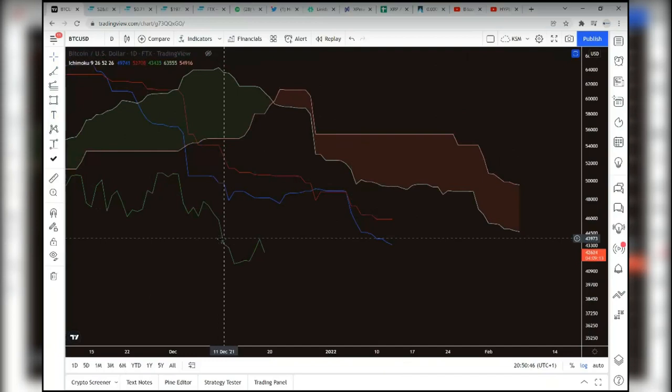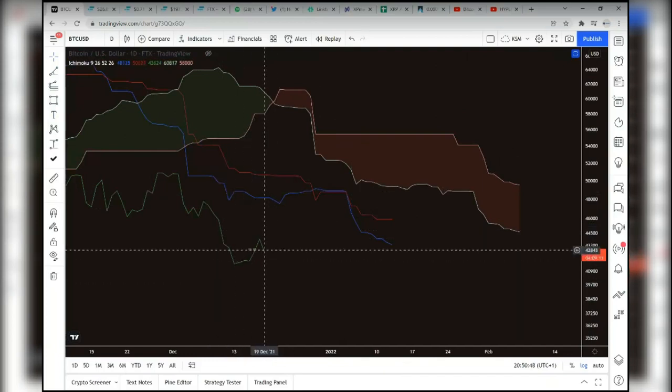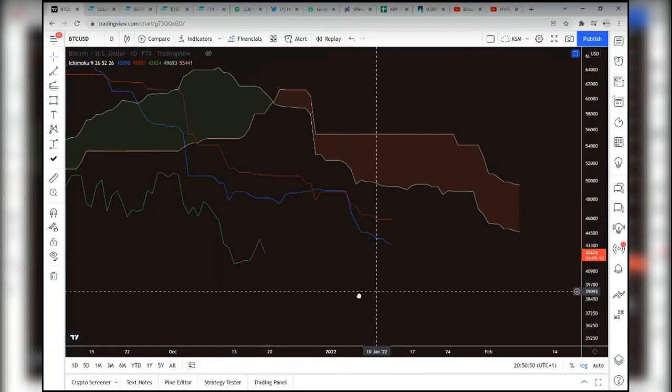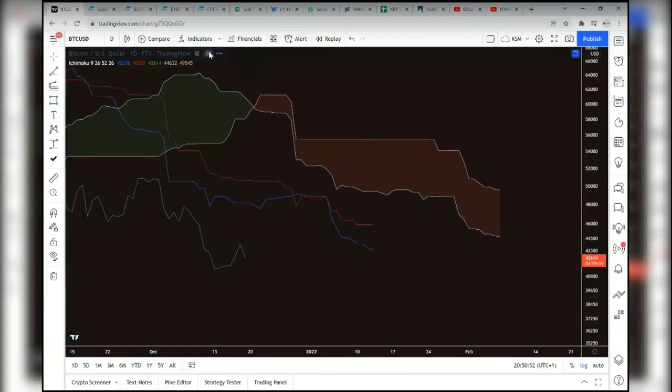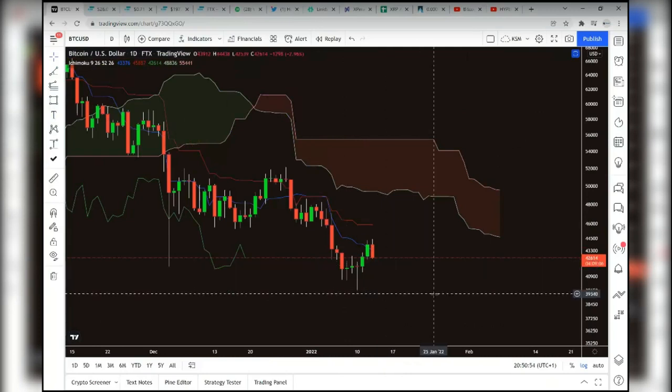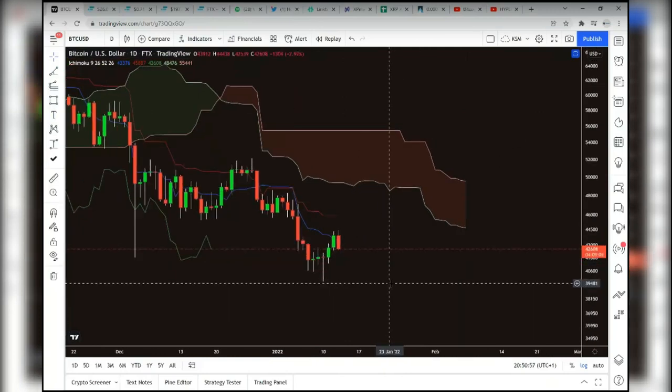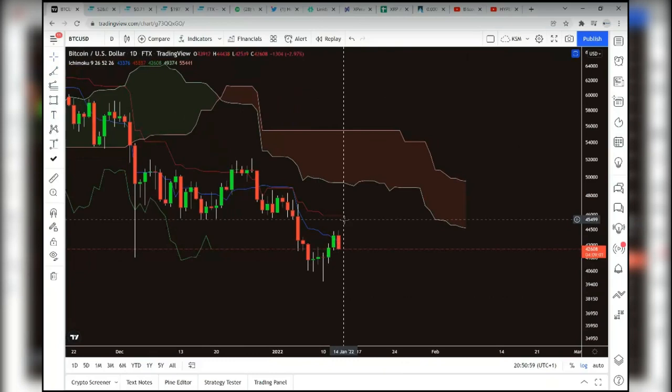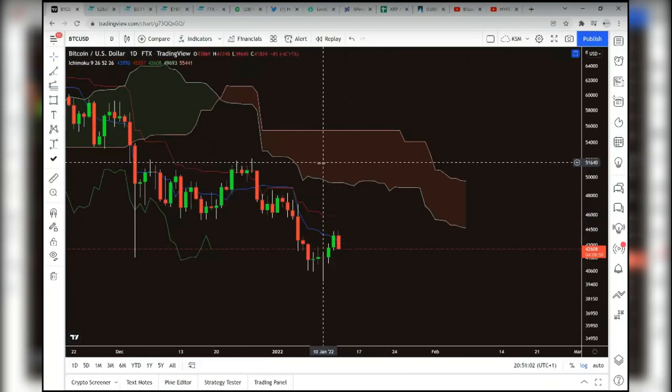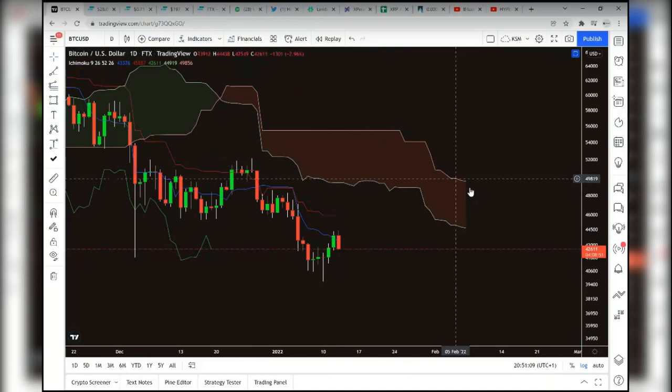Everything is free and nothing is disturbing Chikou span from going lower. So we need to understand how this works, not to get too excited about this move to the upside. But when we get price pushing above this level here, then we can start looking at how price is bullish in the future.